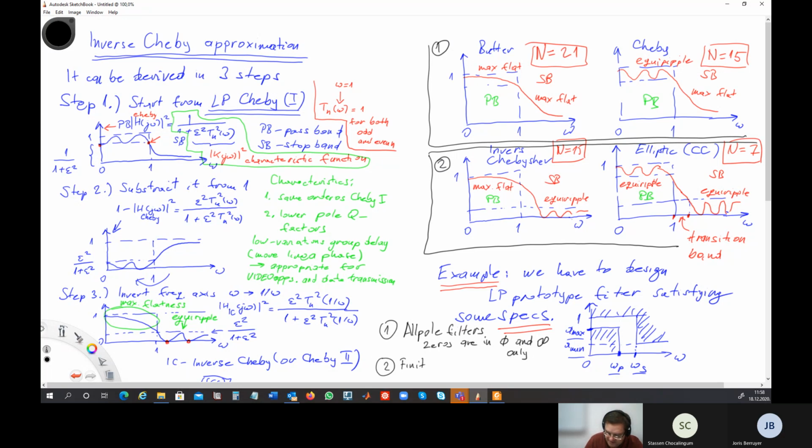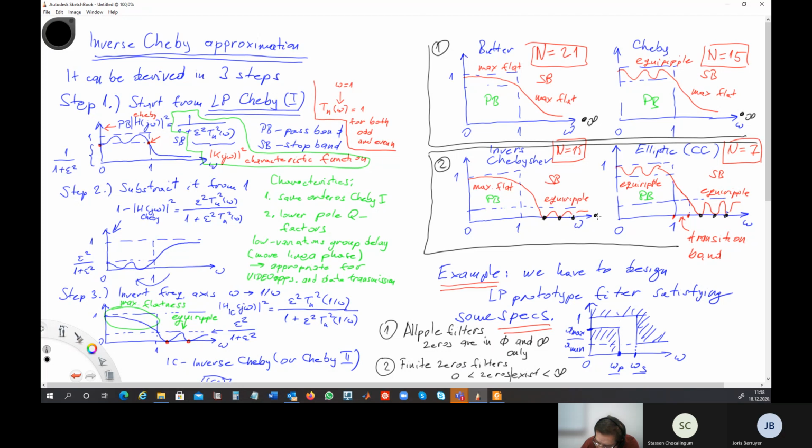Finite zeros filters. Zeros exist between 0 and infinity. Zeros exist there. Okay, we can see them. Here are the zeros. This is 0, this is 0, this is 0, this is 0, this is 0, this is 0. But of course, we have here a 0 at infinity.